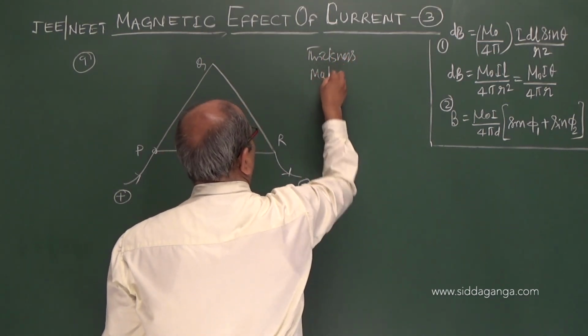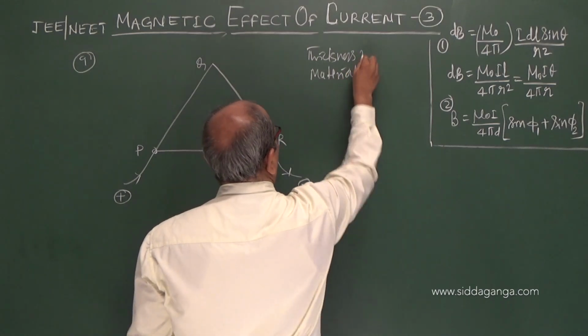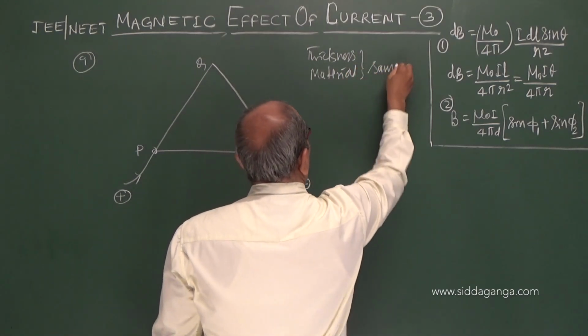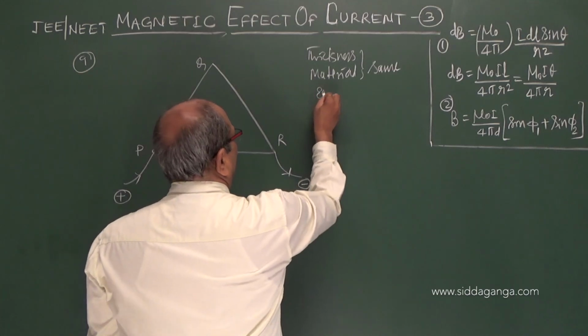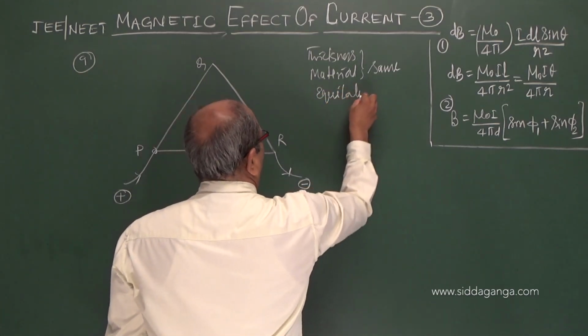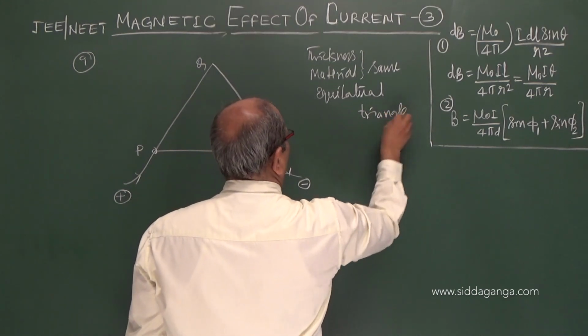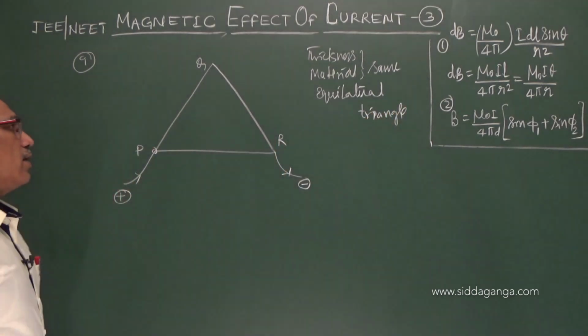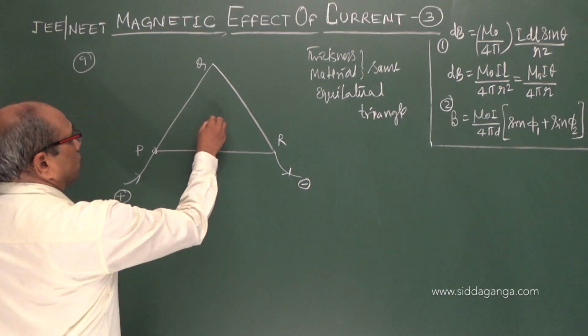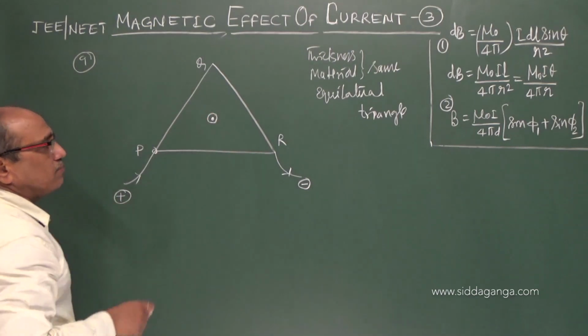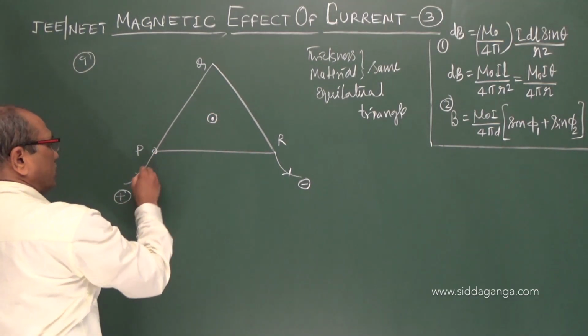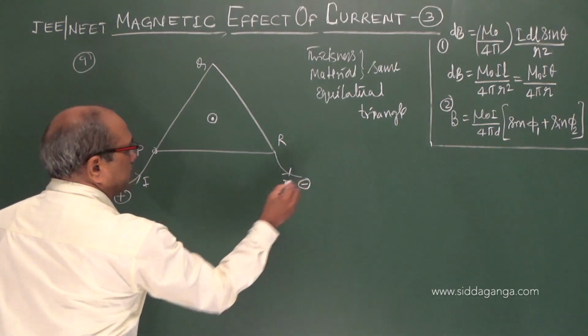They constructed an equilateral triangle. So to find the field at the center from this, let this current enter and emerge from the other end.